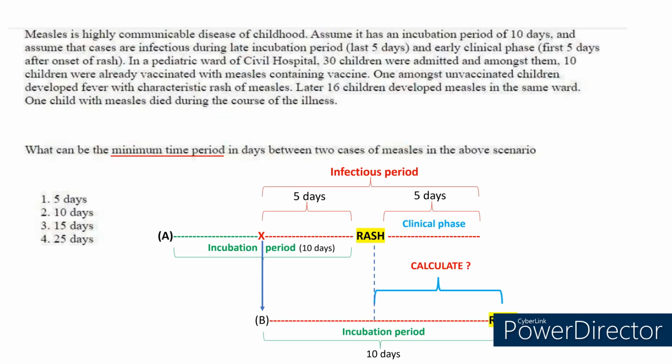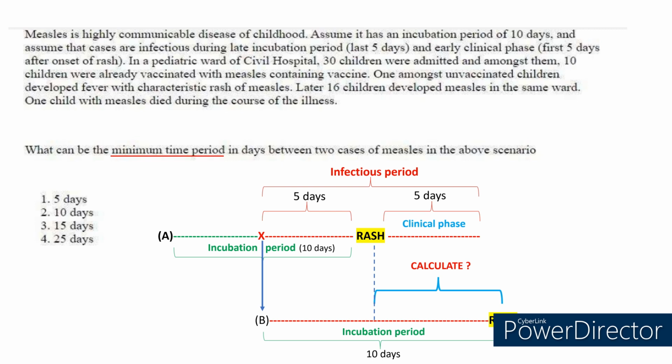Similarly, when they are asking us to calculate the minimum time period, the only difference is when we calculated maximum time period, we took the last possible point at which A can transmit the infection to B, right? But in this case, we need to find out the earliest point at which A can transmit the disease to B. So we know that the infectious period is starting from late incubation period to early clinical phase.